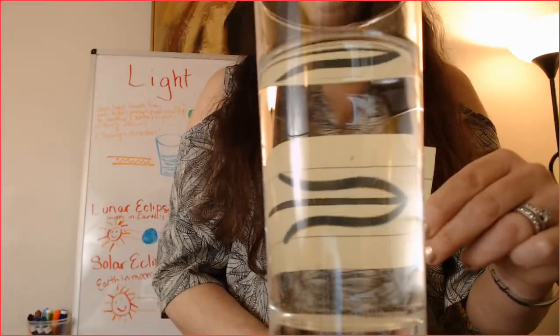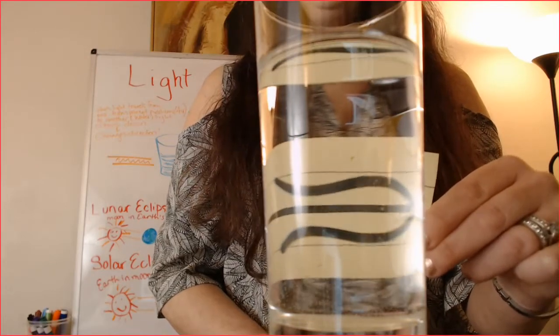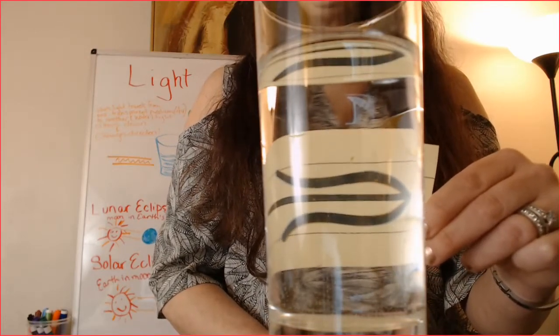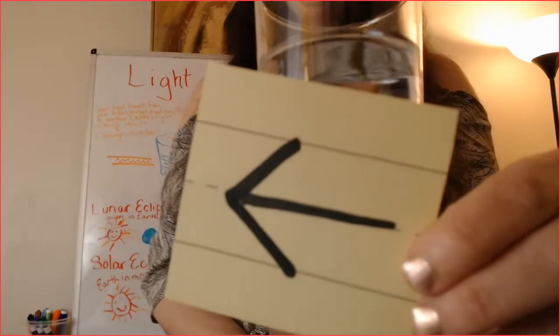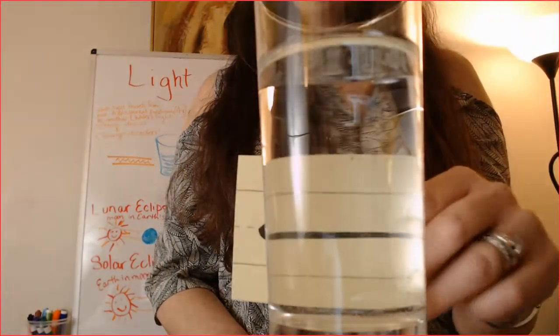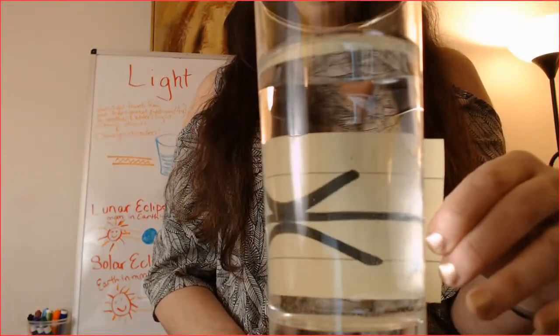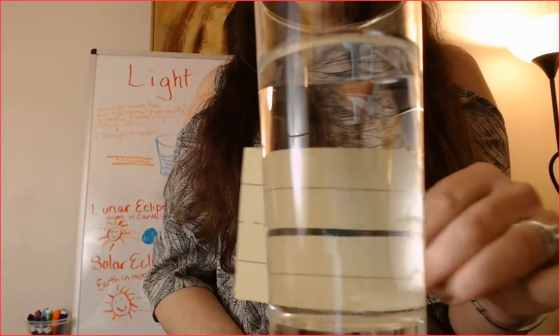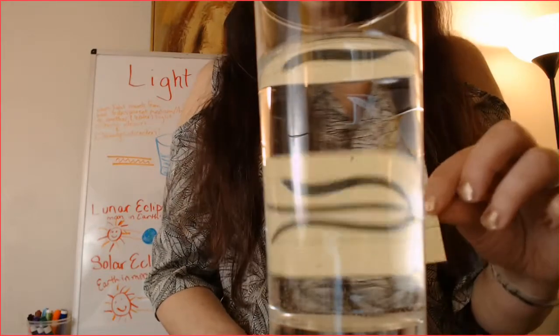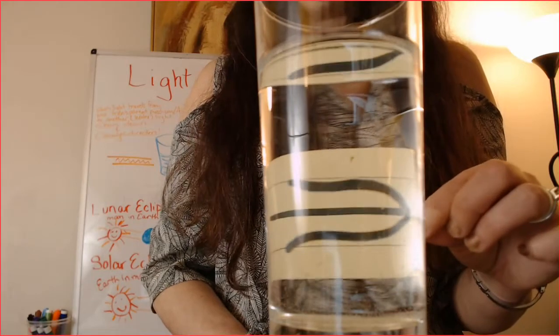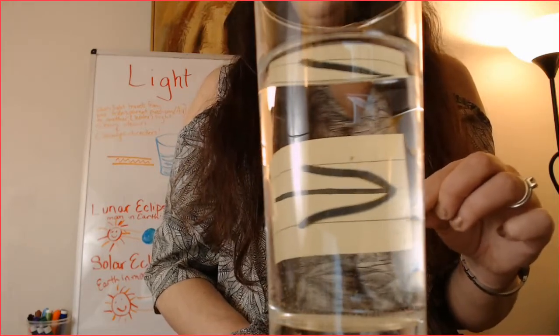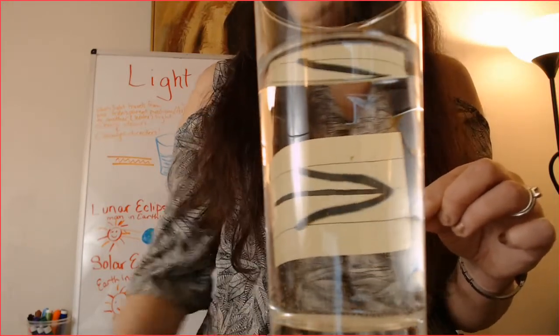Can you see it facing the other way? Oh my goodness. Same card. Nice straight arrow pointing this way. But when I put it over here, I can make it flip sides and bend and wave and all kinds of fun stuff.